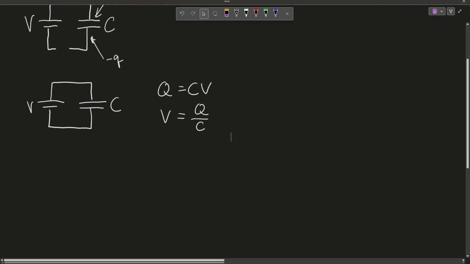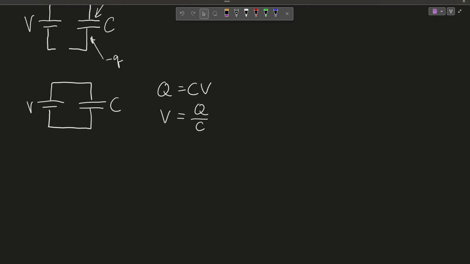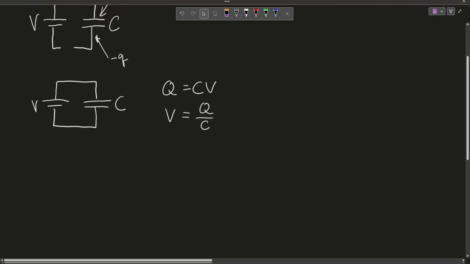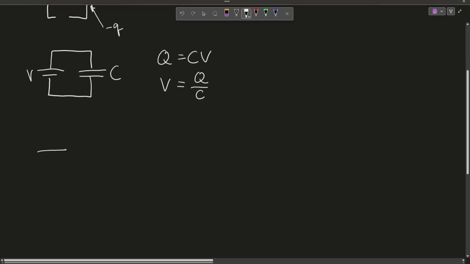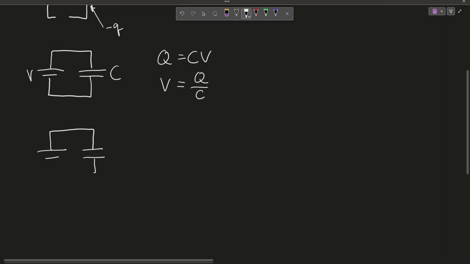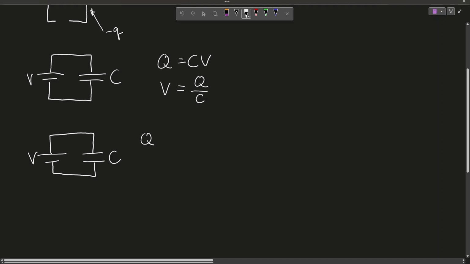Another concept you have to grasp with problems like this is that voltage must be equal along continuous lengths of wire. So for example, let's say in a third example, we start with the same circuit, V and C, and we let it charge up. So now we have the original charge Q equals CV.